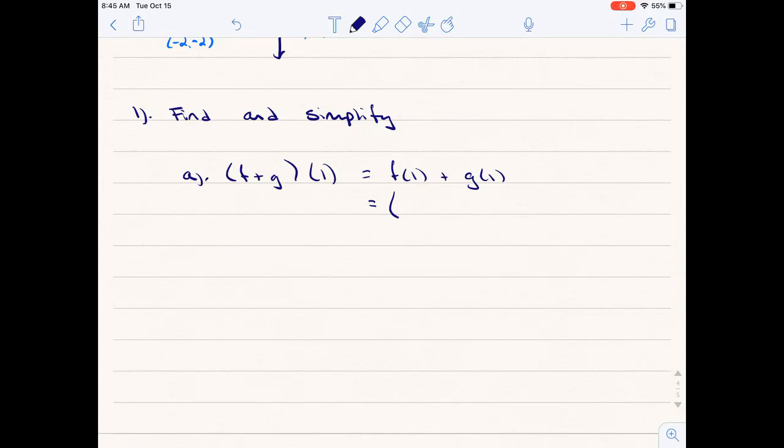And so f of 1, let's start there, is 6 times 1 squared minus 2x, x is 1, plus g of 1 is 3 minus 1 over 1.